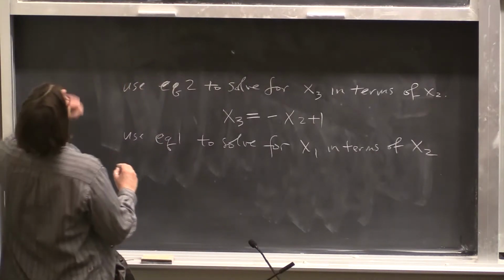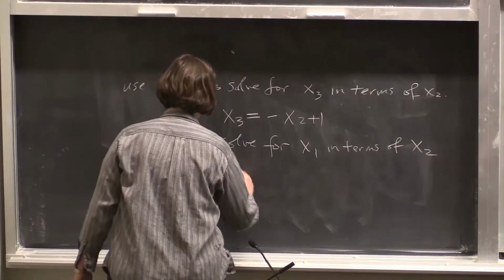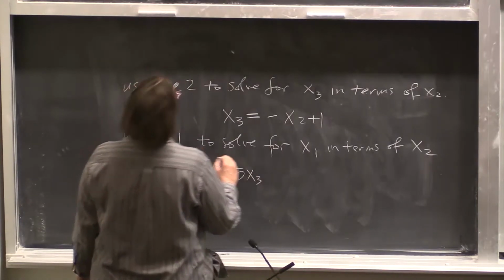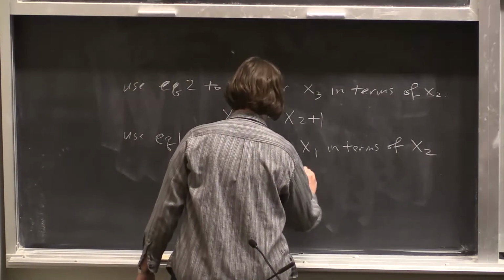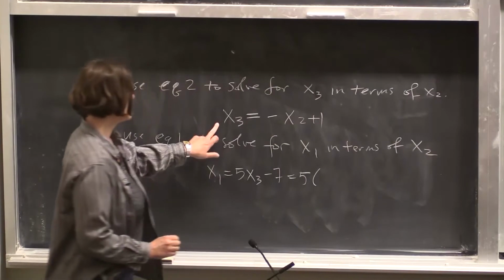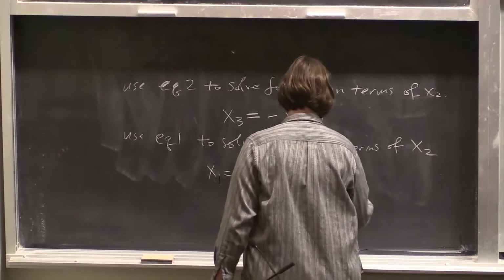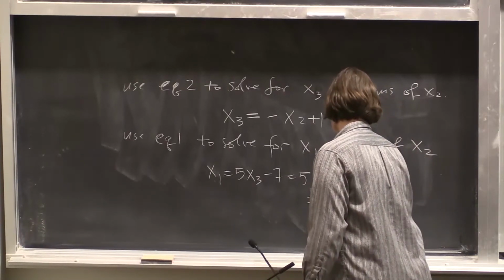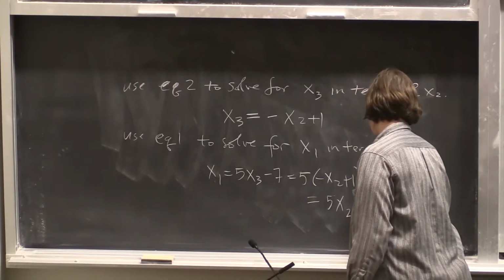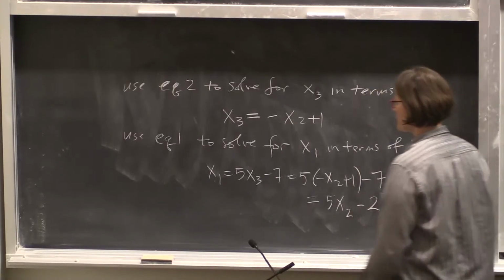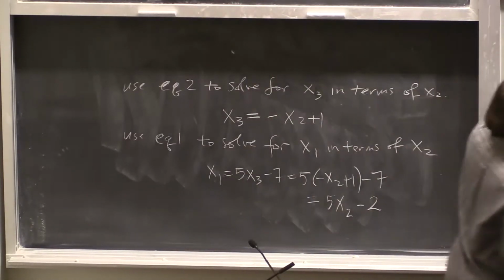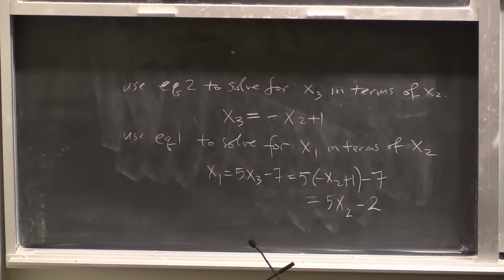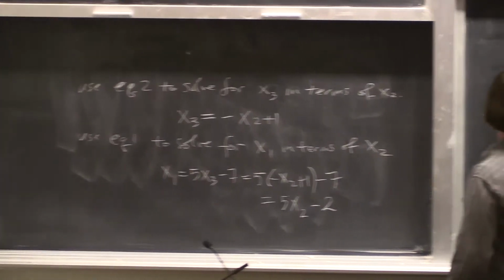So equation 1 tells us that x1 is equal to 5x3 minus 7, is equal to 5 times, well, x3 is minus x2 plus 1, minus 7, is equal to minus 5x2 plus 5 minus 7, which is minus 2. And so if I had decided to write everything in terms of x2, I can. And I get the general solution.